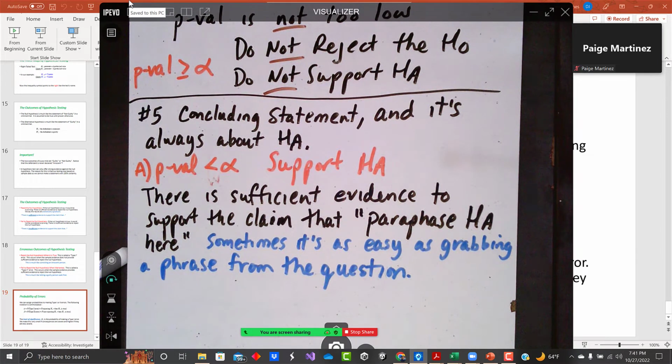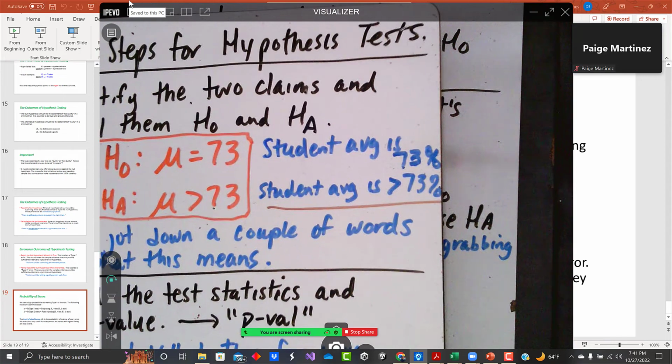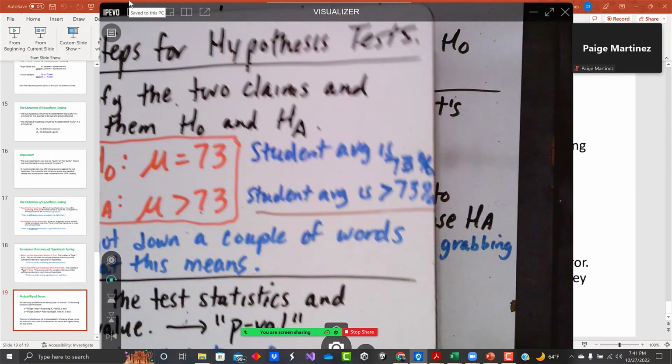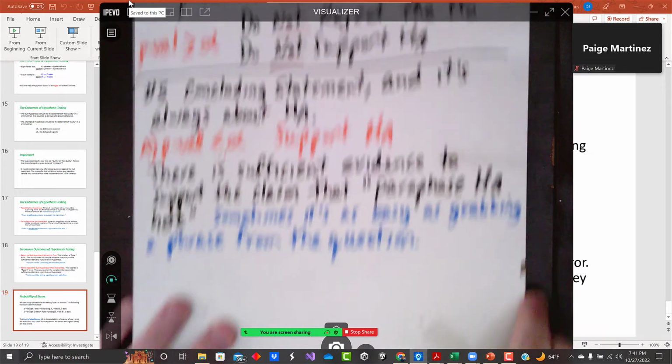But remember how I told you to jot down a couple words? We could use that right here. So we're talking about student average for the mean problem. I'm talking about student average is greater than 73%.